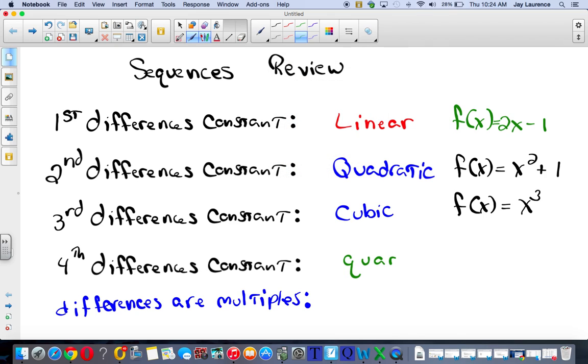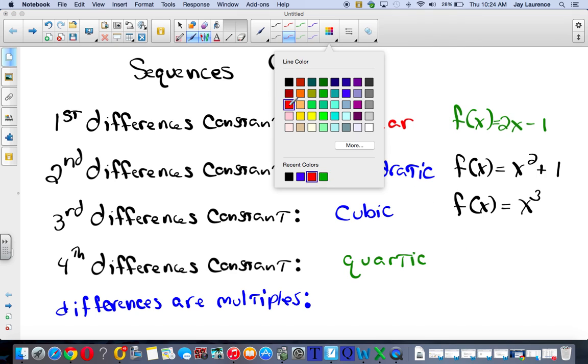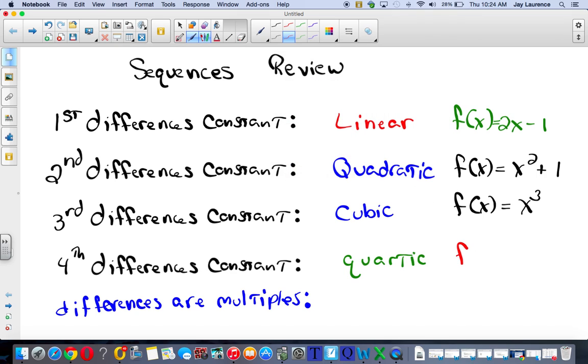Yes, quartic. So you can give us an example of a quartic function. f of x equals x to the fourth plus 2. Absolutely, that's a quartic function.